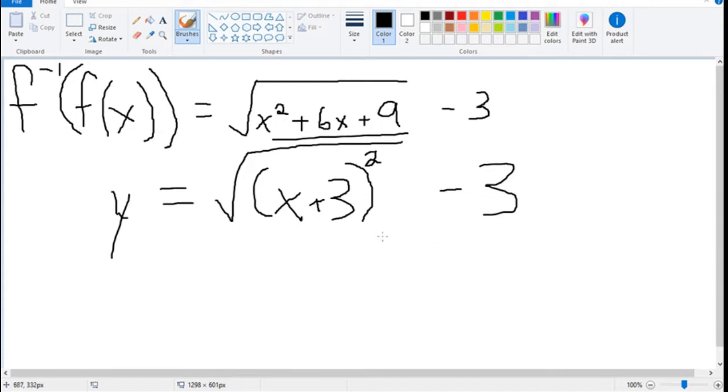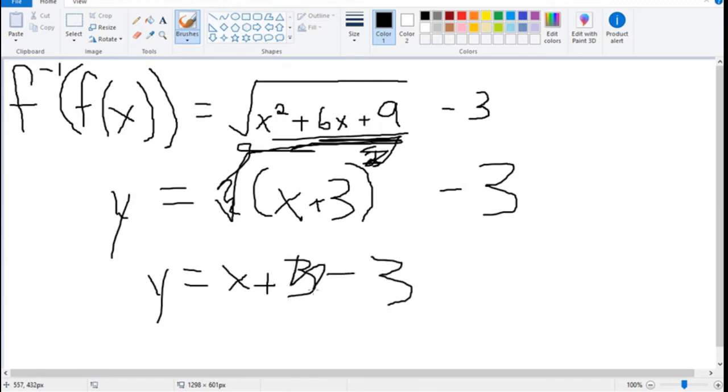Okay, I am completed with that. Now if you notice here, here's the squared, and there's the square root. You can just cross those out with each other. And then what we have left is y equals x plus 3 minus 3. We can cancel those out, and the equation ends up being y equals x. So we have concluded that the inverse to this equation is correct.